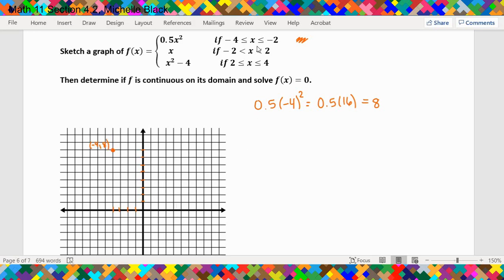Now I'm going to plug in negative 3, I think, and negative 2. When I plug in negative 3, I get 4.5.